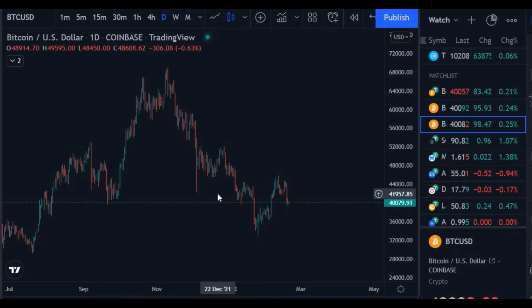Now, before we dive right into what supply and demand trading is all about, it's very important that we understand the concept of supply and demand. Supply and demand is an economic concept. We need to first understand what this economic concept is all about before we relate it to trading any financial market.